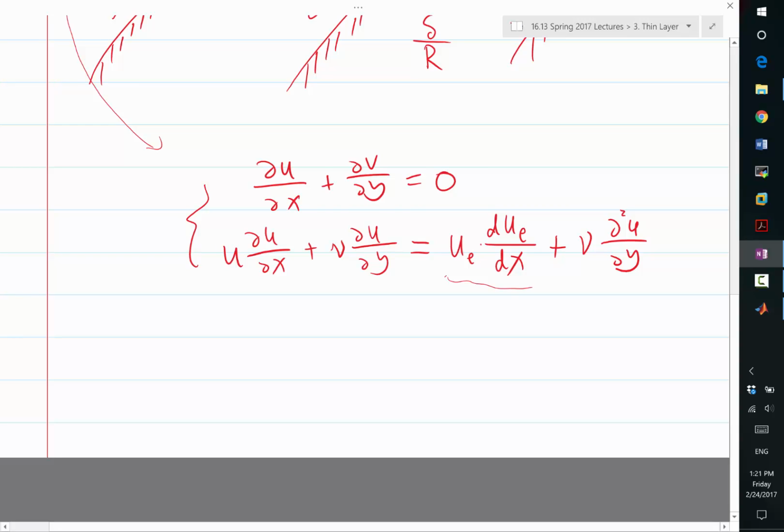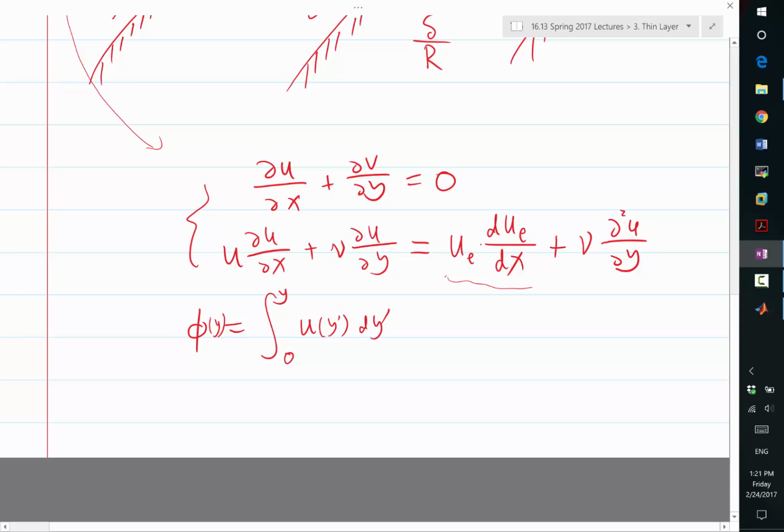A great tool we have dealing with any incompressible flow is the stream function formulation. So we are going to define the stream function here as the integral from the wall, y equal to 0, to any position y. So phi of y equals the integral of u at y prime times dy prime.